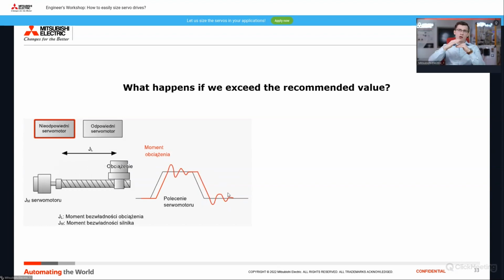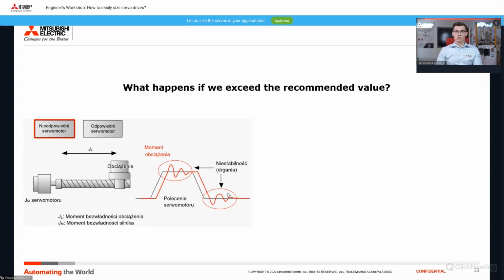As you can see, the servo wants to stop in some position. So for example, we are going from A to B, and let's say it should be a smooth movement and we should stop in B. But because the motor was incorrectly sized, or because the inertia of the load was too big, it will not be able to stop in this exact point. It will just go a little bit further, then a little back, and with this oscillation, finally it will stop in the point that it has to stop.